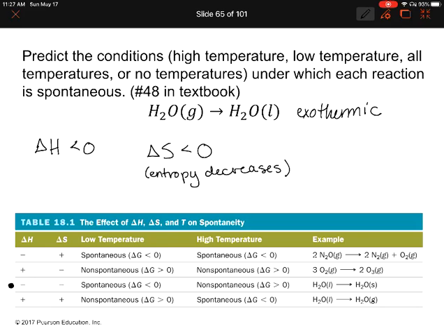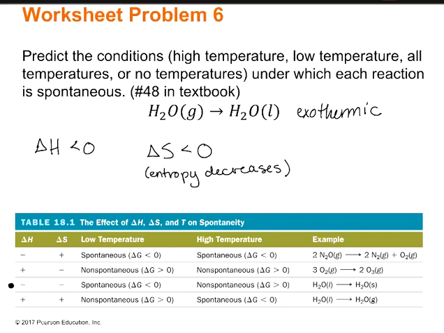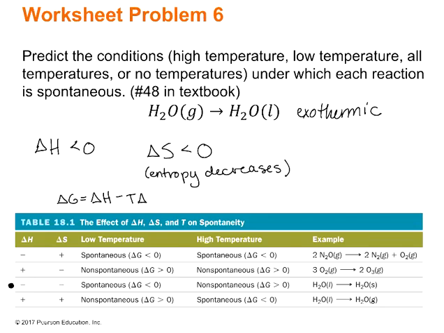We can also go through a similar process that we did before. So for instance, we could write out delta G is equal to delta H minus T delta S. And then we could look at the magnitude of delta H versus delta S. So in this case, delta H is negative, delta S is negative. So that means that T delta S is actually positive.